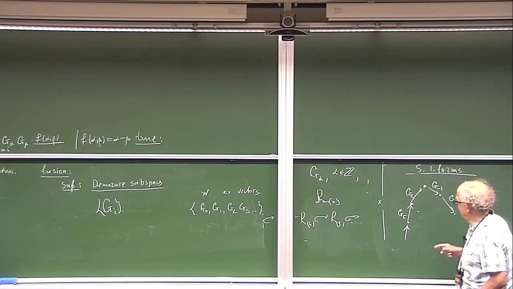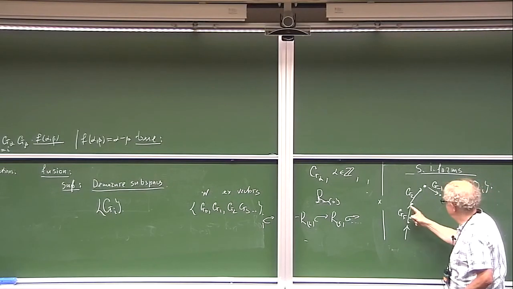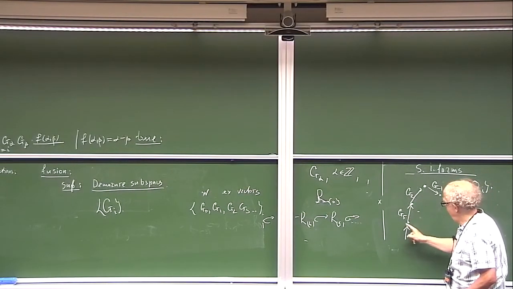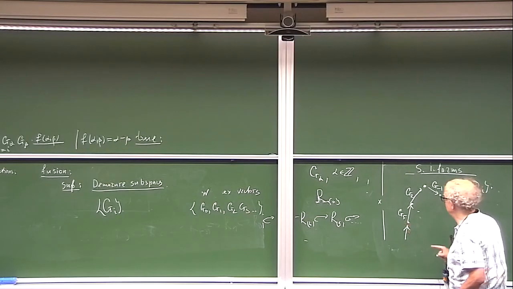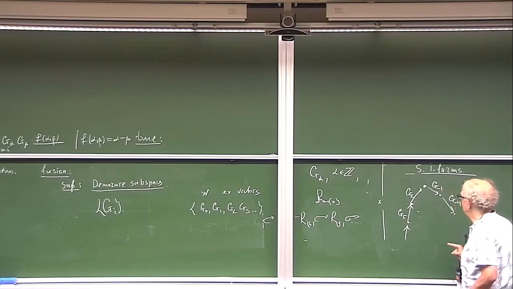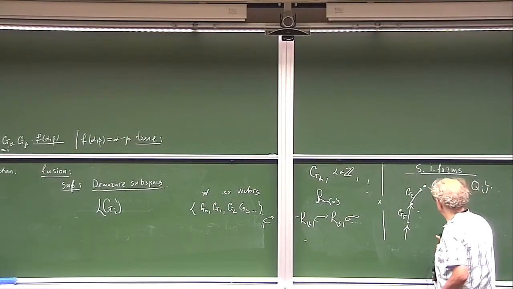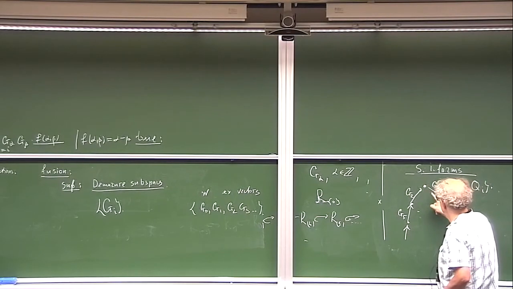And R3 was something generated by this vector, and R6 in my notation is what is generated by this vector. So all these spaces are just one-dimensional.